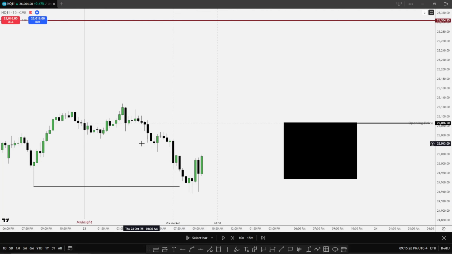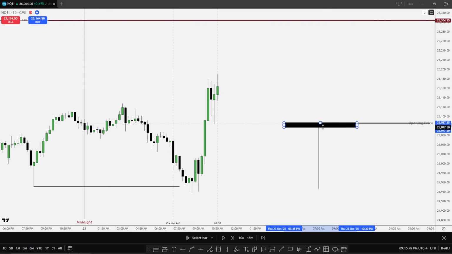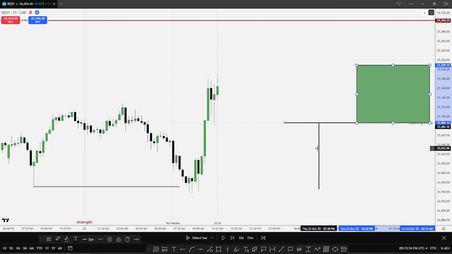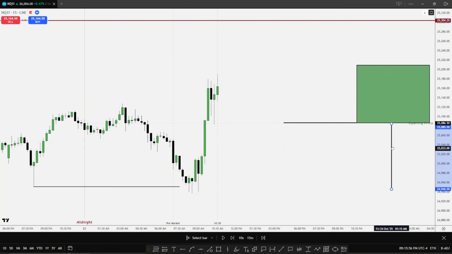So when price is bearish like this, it looks like a down close candle, right? So when you're under the opening price, which is this dashed line here, and then it flips bullish like this, essentially this comes back up, flips bullish, and now it's a bullish candle like this.